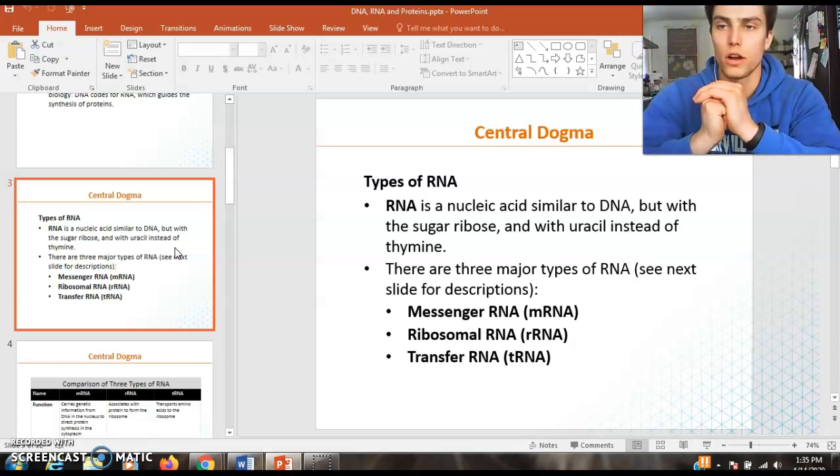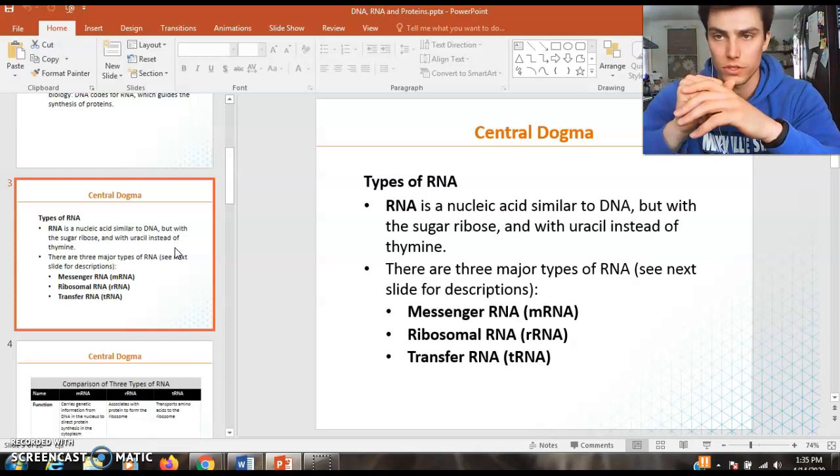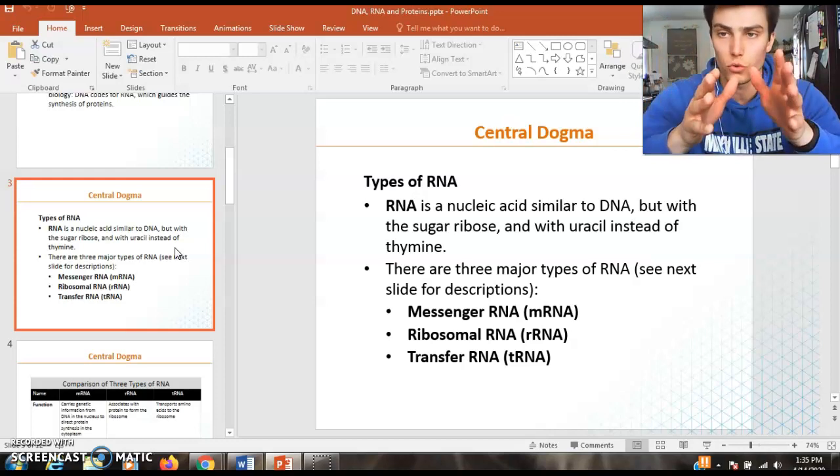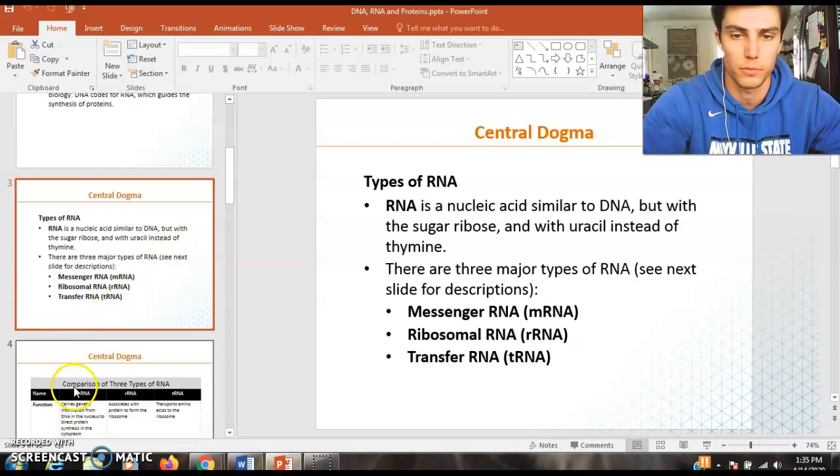Now, in RNA, cytosine and guanine are still together. However, thymine is no longer there. We actually have A, adenine, and U, uracil. So A and U match up, and I'll show you in an example below here.